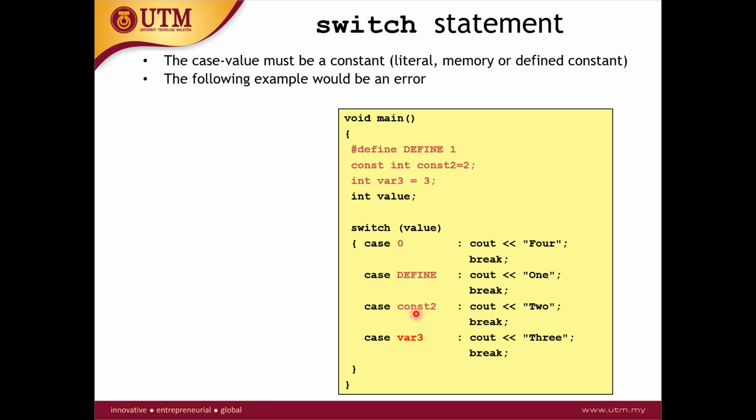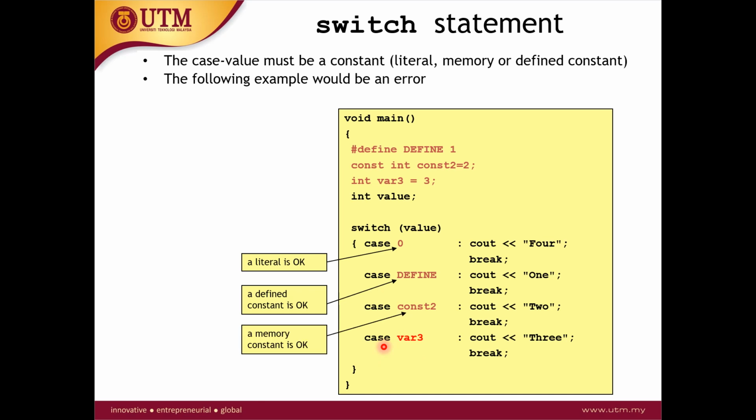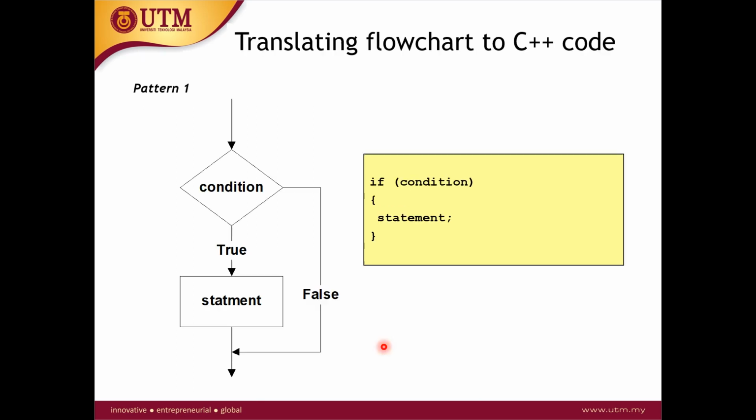Then we say case constant 2, and const 2 is 2, so there is no problem. But the case doesn't accept variables inside it, so this case can't be evaluated against this variable. So the program gives you an error and terminates. You need to be aware that variables can't be in the case statement.